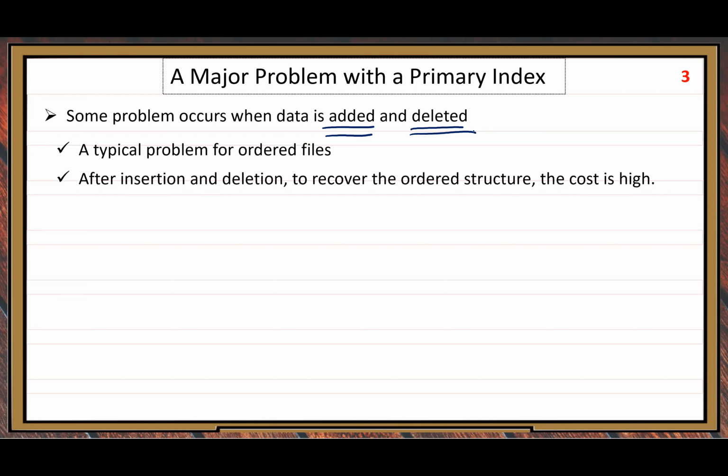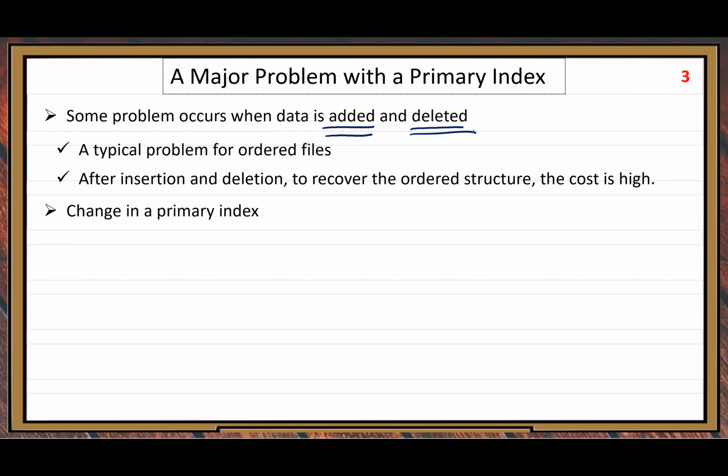After insertion and deletion, the cost to recover the ordered structure is pretty high, because you need to modify the whole storage structure. Think about if that special storage structure is pretty big, how much time you need to recover that structure.